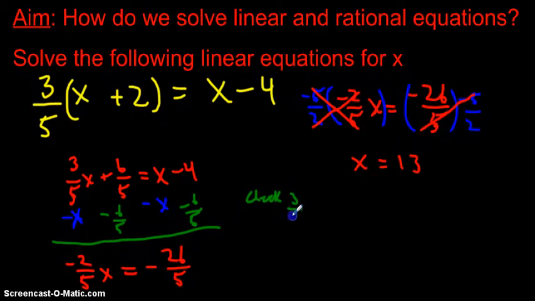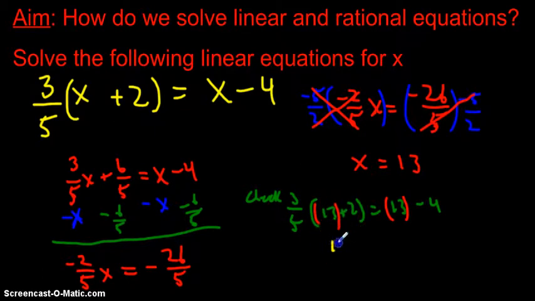So the check: we know 3/5 times (13 plus 2) should be equal to 13 minus 4. Now I just did something that's a peeve of myself, so I'm going to fix that. If I'm making a substitution, I should use parentheses, just to make sure everything works out correctly.